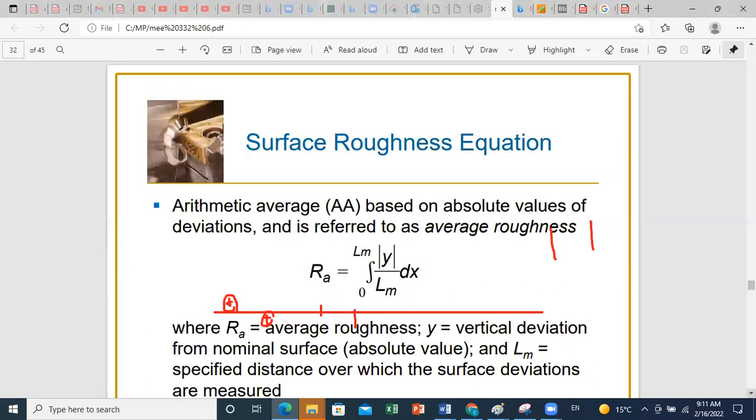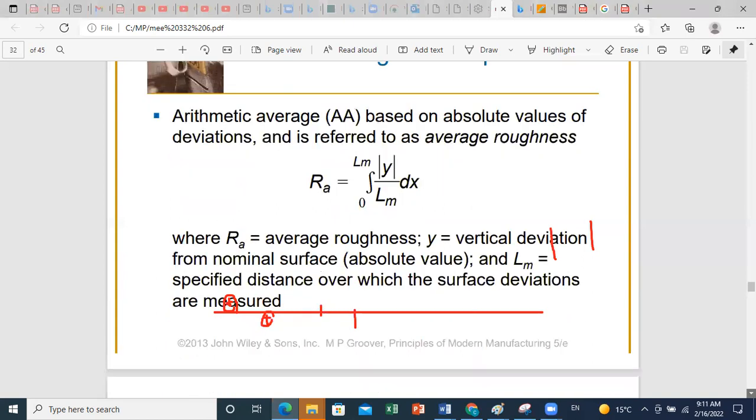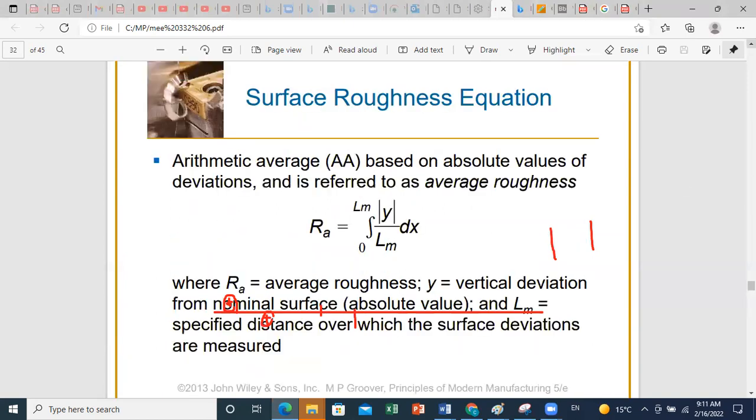Now, we have several ways to measure the roughness of a surface. The first method is by integration, and this will give you an accurate value of roughness because you integrate over your whole length. So this is called the arithmetic average, which is based on the absolute values of deviations. We already said why we take the absolute values: to not have positive regions canceling out other negative regions.